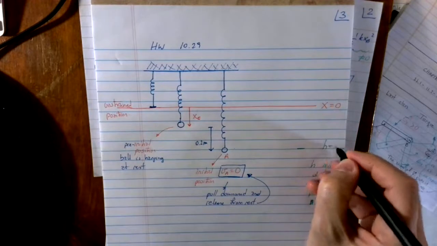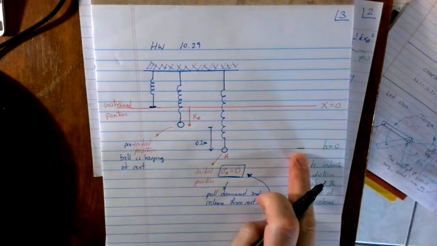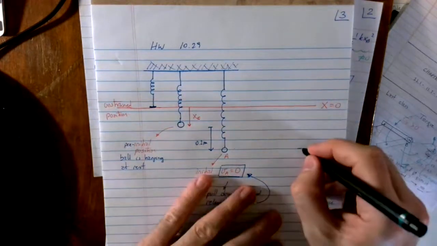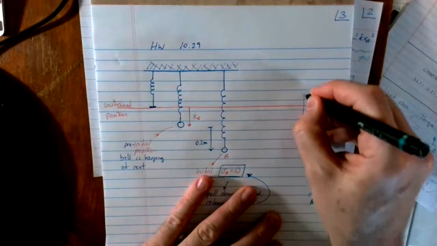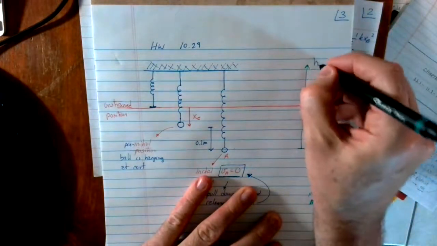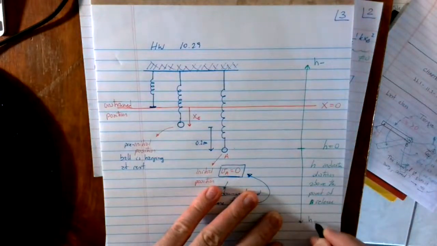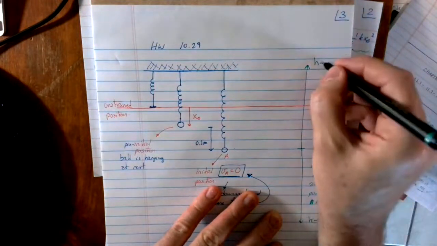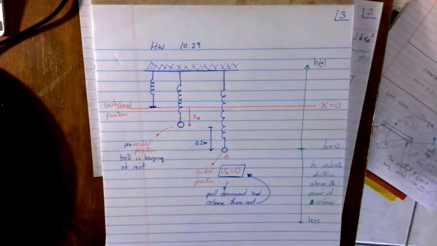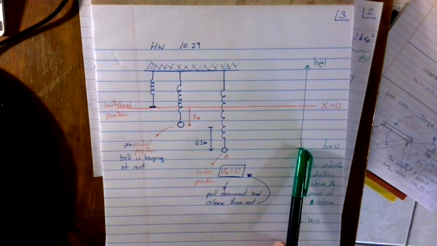What it means is that h equals 0 is right here at the point of release. It's not the elongation, it's just the point of release. So then we measure h positive right here, and then h negative right here. Okay, positive and then negative from h equals 0.